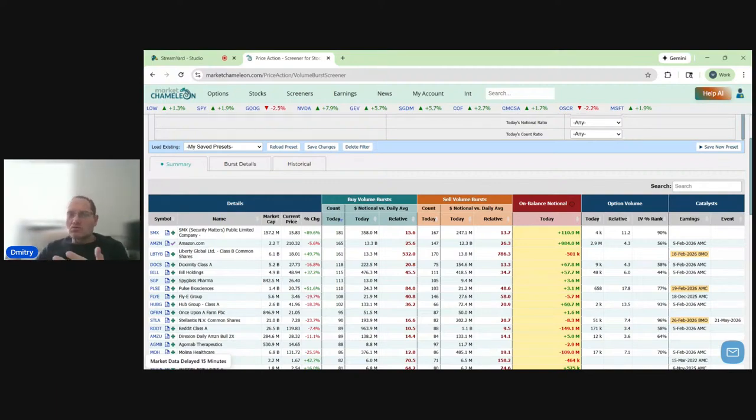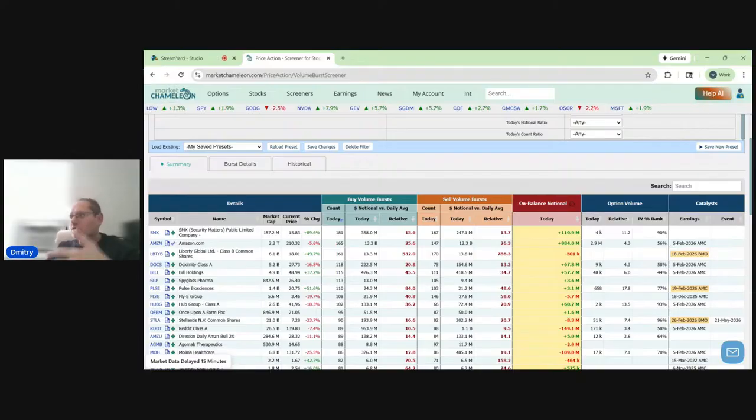So when a volume burst happens, it could happen for a number of different reasons, but typically it's when a party looking for liquidity, either to buy or sell, grabs that liquidity quickly once they either are matched up in a dark pool, or where they take the displayed liquidity on the order book.